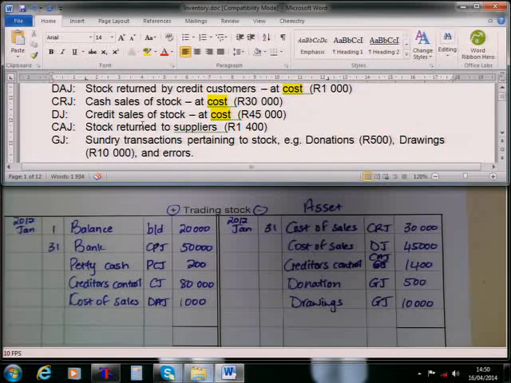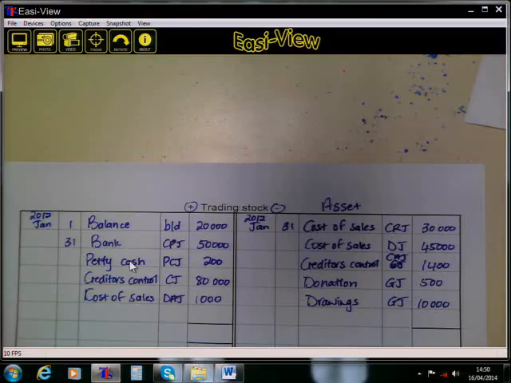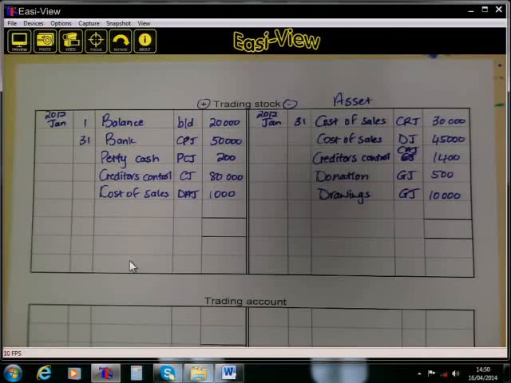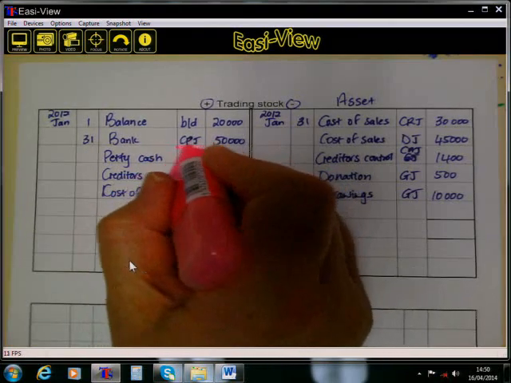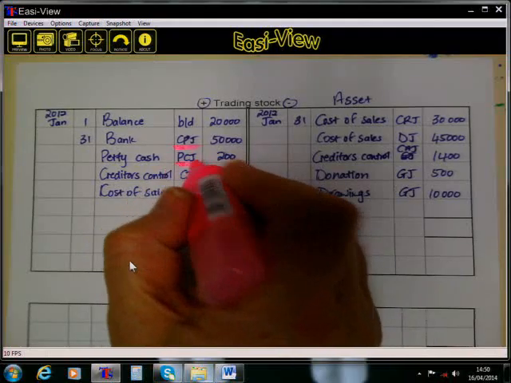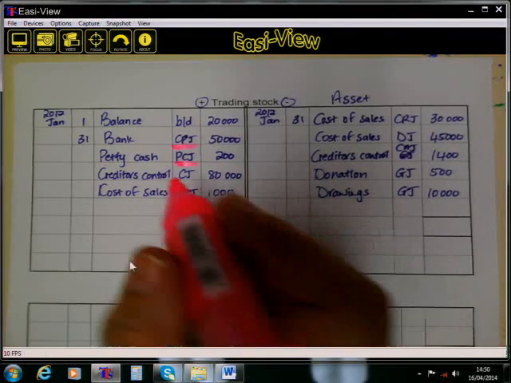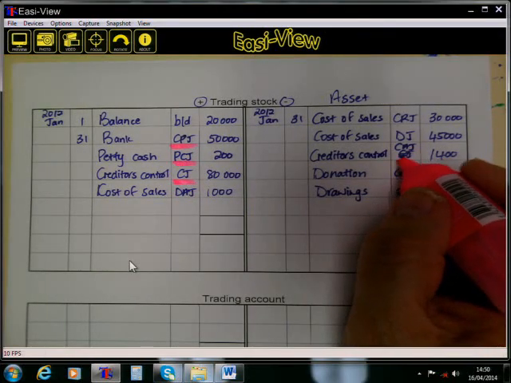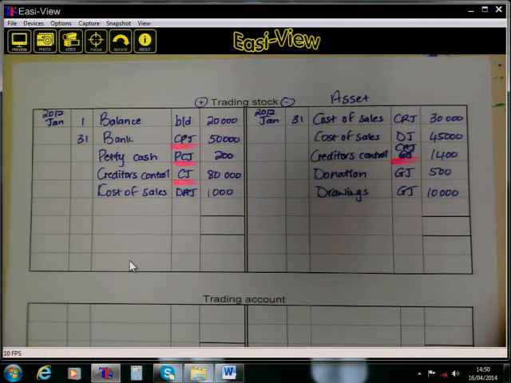And if you look at this trading stock account, you will see that every transaction or every journal is in this trading stock account. On the plus side, when we bought stock and we pay for it, when we bought stock and we pay from the petty cash, when we bought stock on credit. When we're not happy with that stock, we send it back, CAJ.